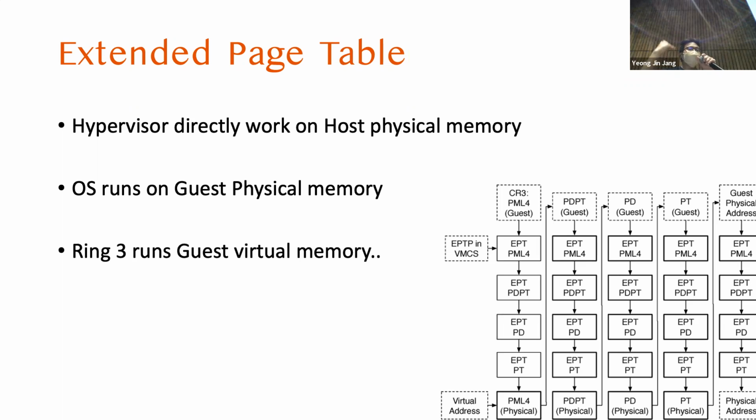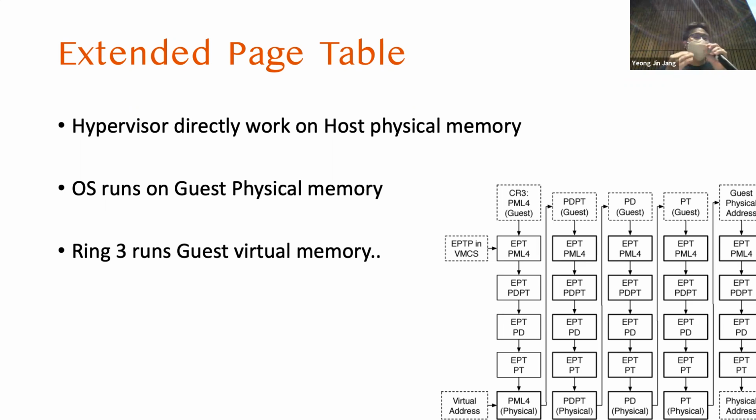We have to use a page table structure between the hypervisor and the operating system, and we also need virtual memory between the operating system and ring 3. But we only have one CR3. How can you put in the nested page table? That was challenging.